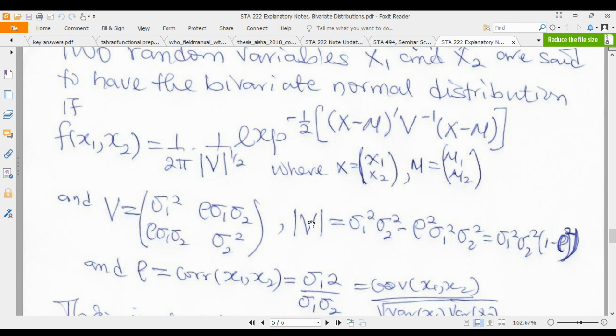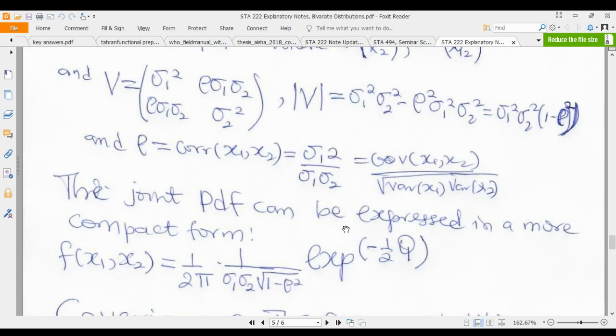The determinant of the variance-covariance matrix is sigma 1 squared times sigma 2 squared minus rho squared multiplied by sigma 1 squared times sigma 2 squared, which simplifies to sigma 1 squared times sigma 2 squared times (1 minus rho squared). Of course, rho is the correlation coefficient between x1 and x2, equal to sigma 12 over sigma 1 sigma 2. That is the covariance of x1 and x2 divided by the product of the standard deviations of x1 and x2.